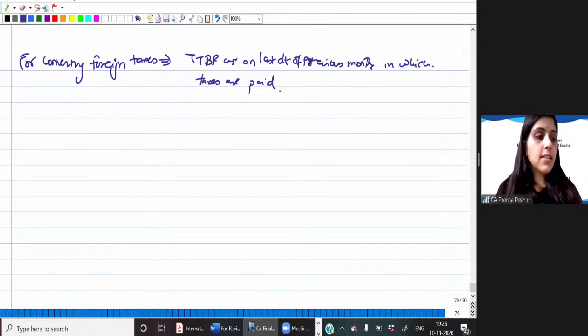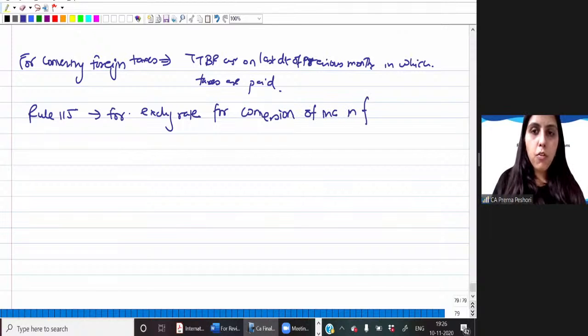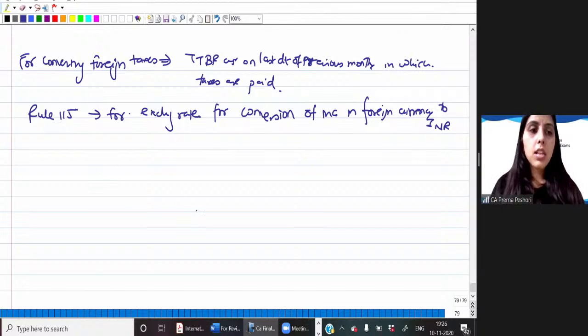Previous month to which taxes are paid. Clear? This is for converting the taxes, right? For converting the income, Rule 115 provides for the exchange rate for conversion of income in foreign currency to INR. And what are the rates?